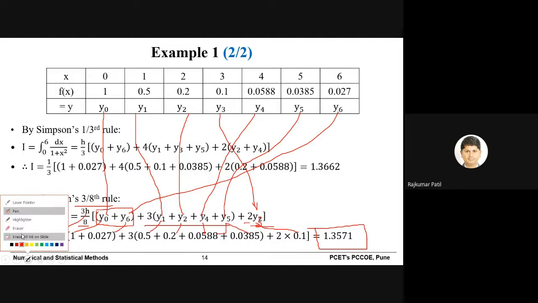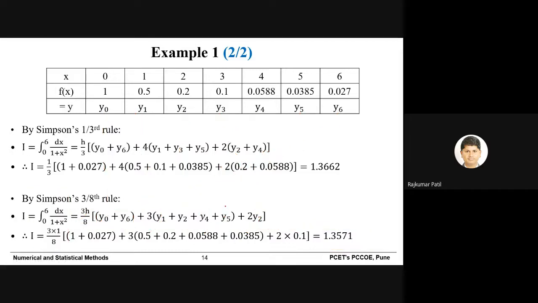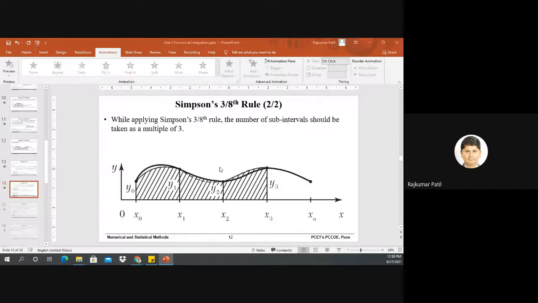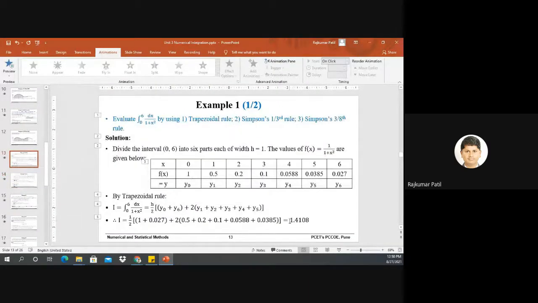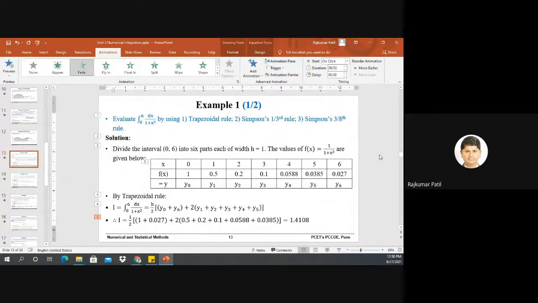1.3571. One very interesting observation we can make here is that you will get a different answer for each rule: for Simpson's 3/8 rule, a different answer; for Simpson's 1/3 rule, a different answer; and for trapezoidal, a different answer.